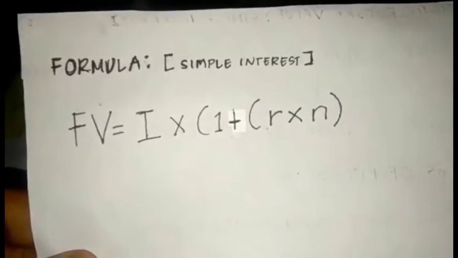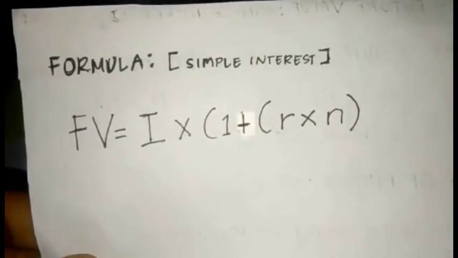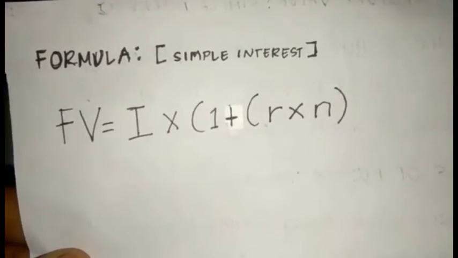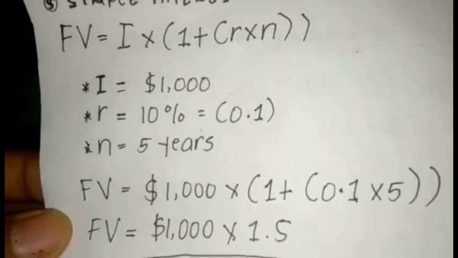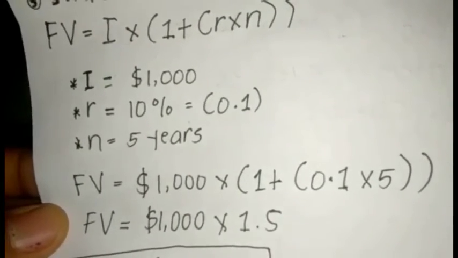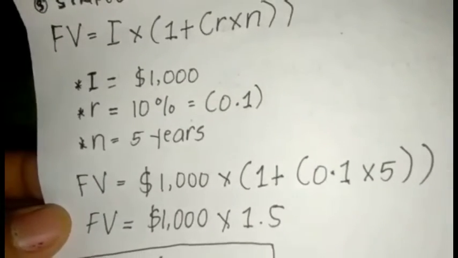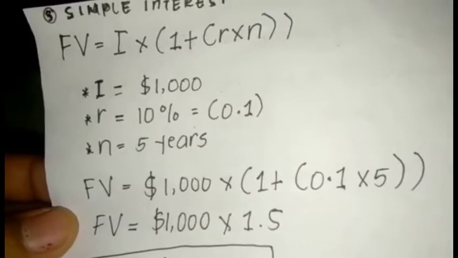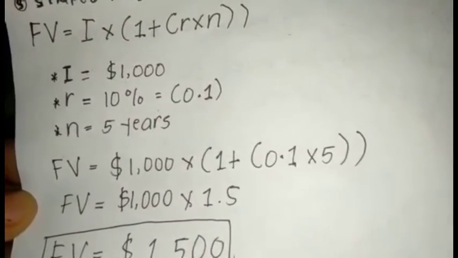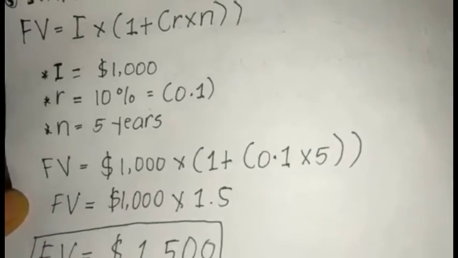The formula for simple interest is future value equals investment amount times (1 plus interest rate times number of years). The investment amount is $1,000. The interest rate is 10%, so move two decimal places to become 0.1. And n is equal to 5 years. So future value equals $1,000 times (1 plus 0.1 times 5).